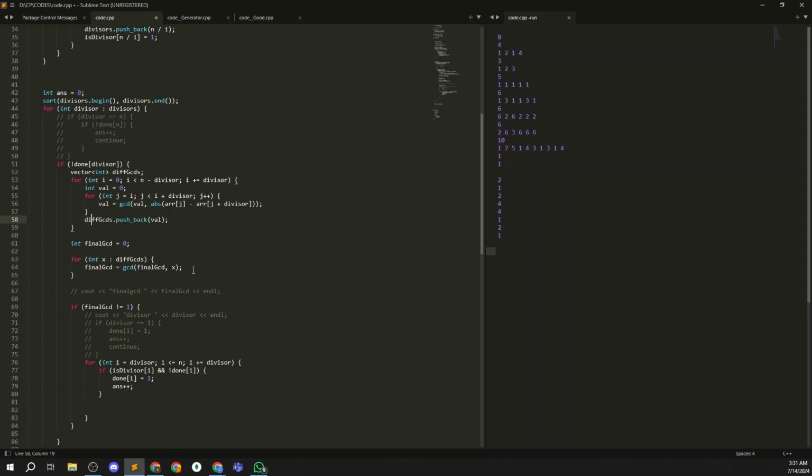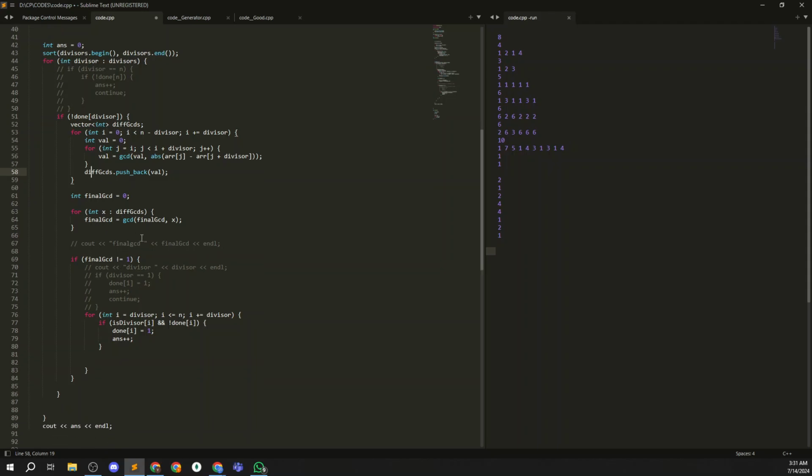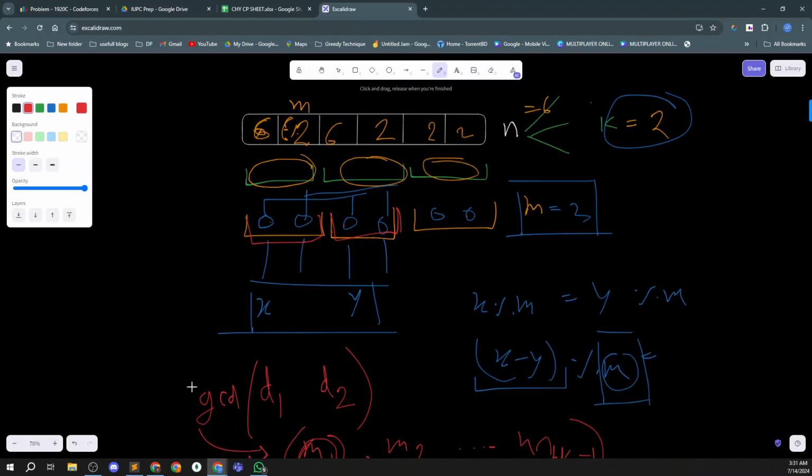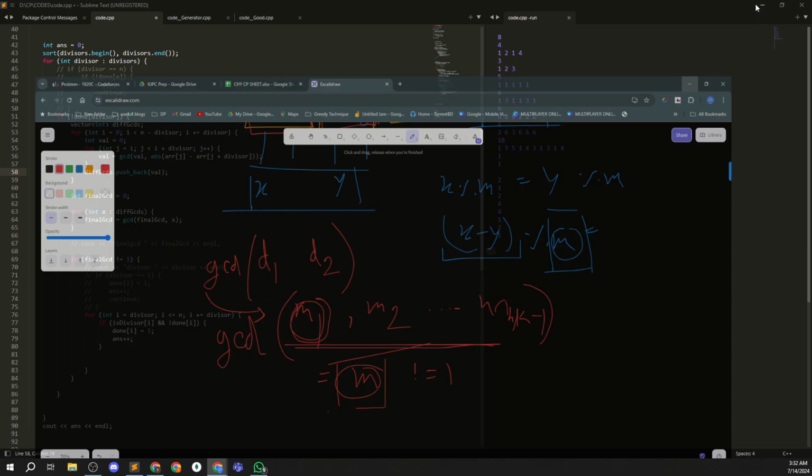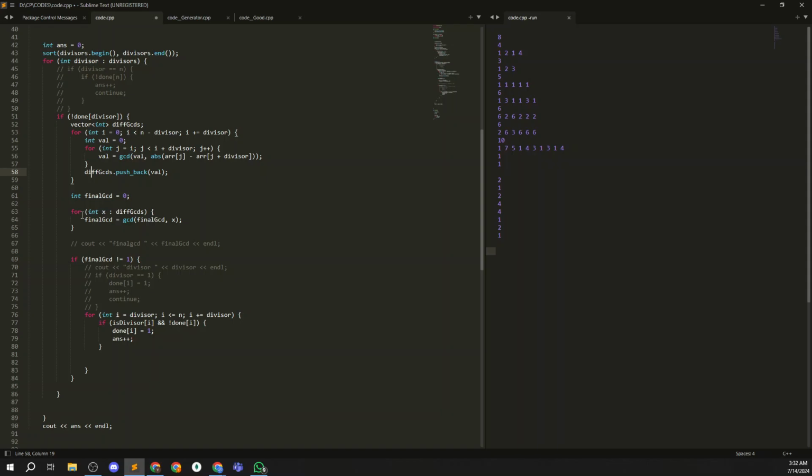differences into a vector. Then again here I've said that I have some possible m's, and from these possible m's I have to take the GCD again, so that I get a fixed m, and that's why I have taken the GCD of the possible m's here.